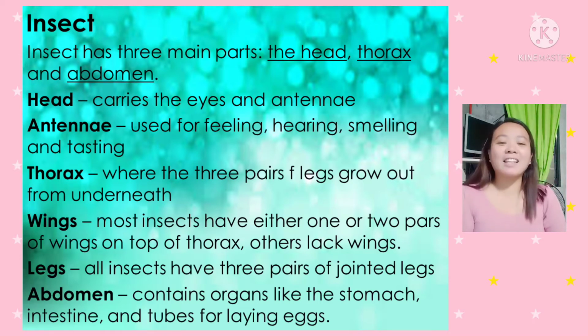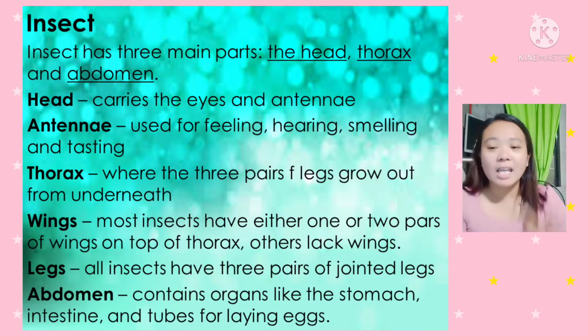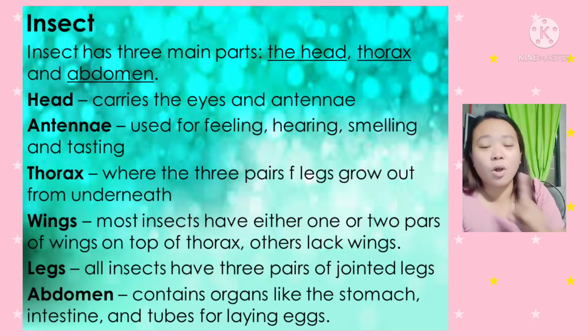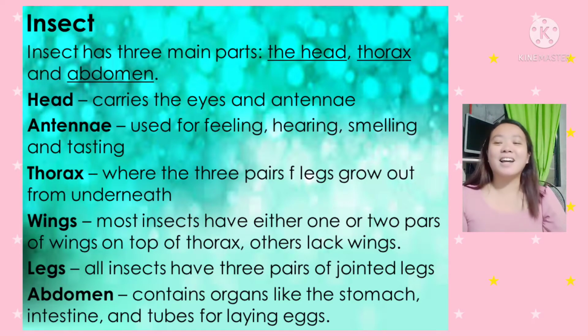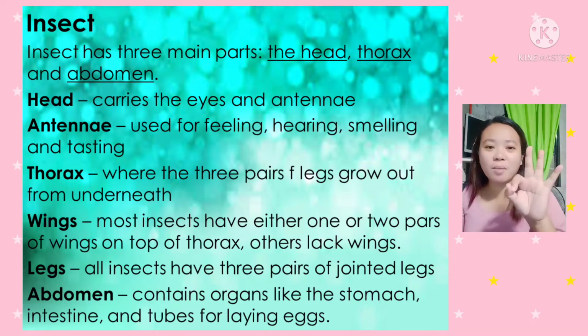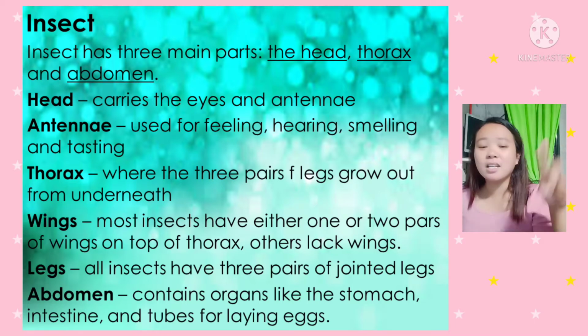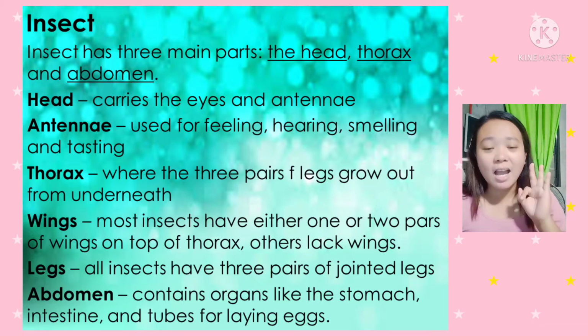And then the last one is the abdomen. It contains the organs like the stomach, the intestine, and the tubes for laying eggs. Again, the insect has three main body parts: the head, the thorax, and the abdomen.